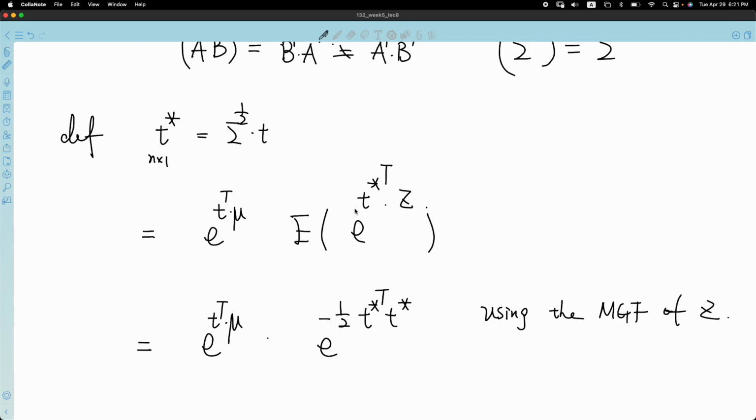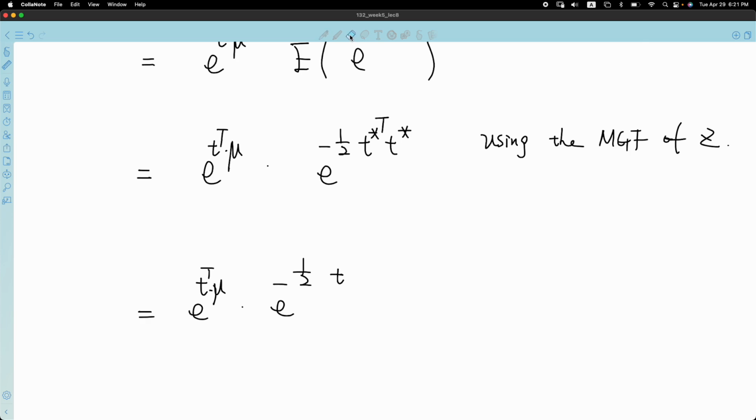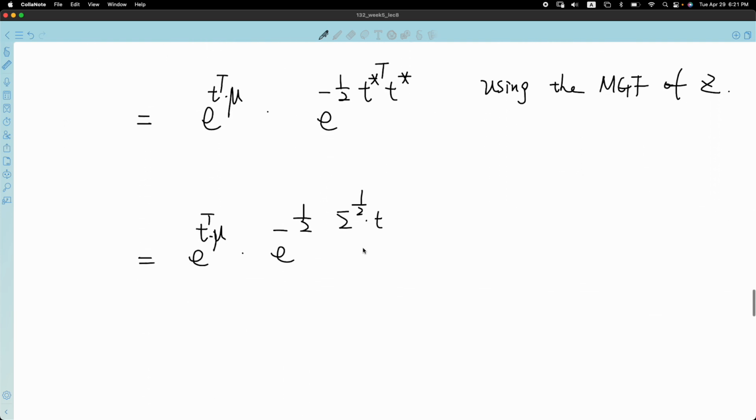T star is sigma 1/2 T. That's my T star. Then the T star has a transpose, and then you have another copy of T star.